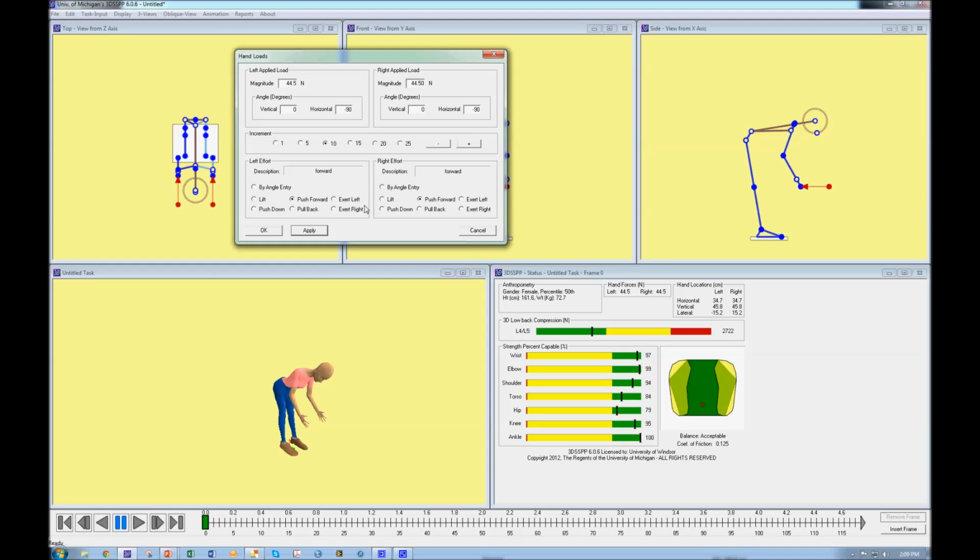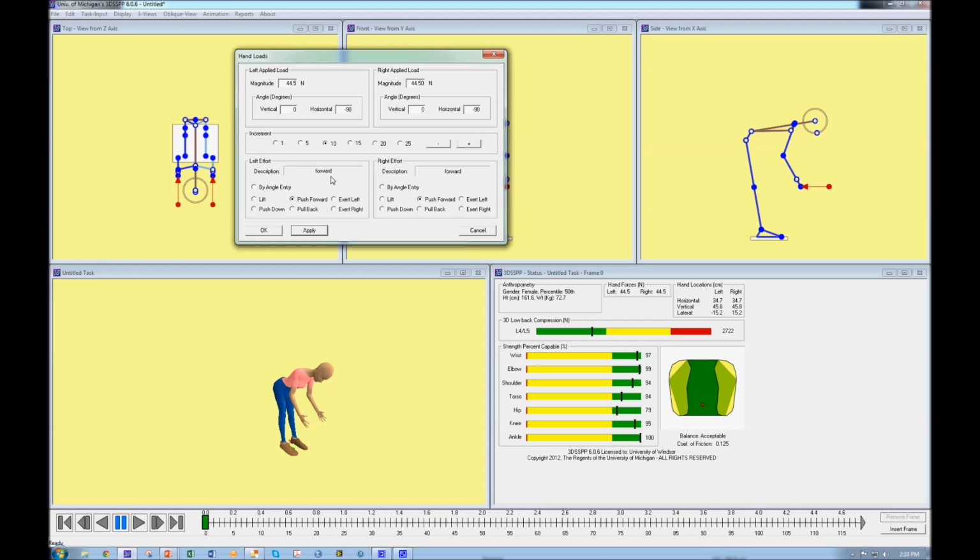Again, this is very, very important that you have the effort correct and that the arrow points in the opposite direction of the effort, because the demands that you are exerting against will cause different demands on the body.